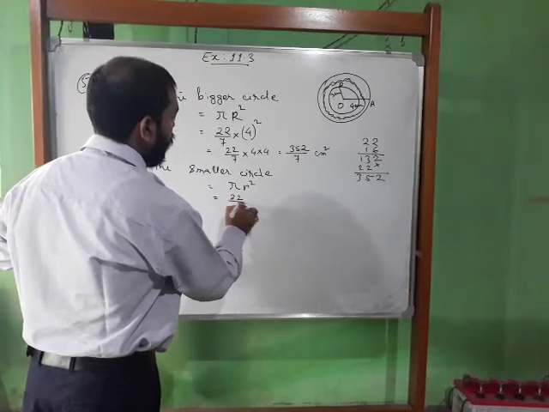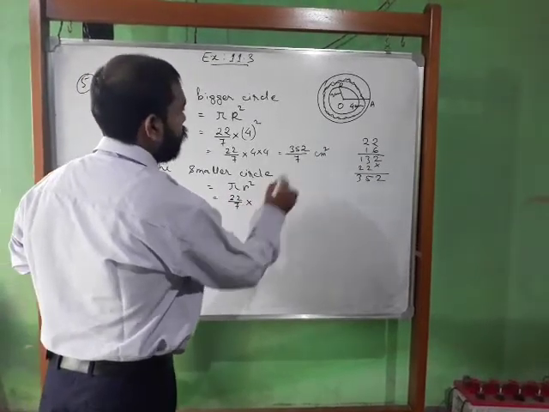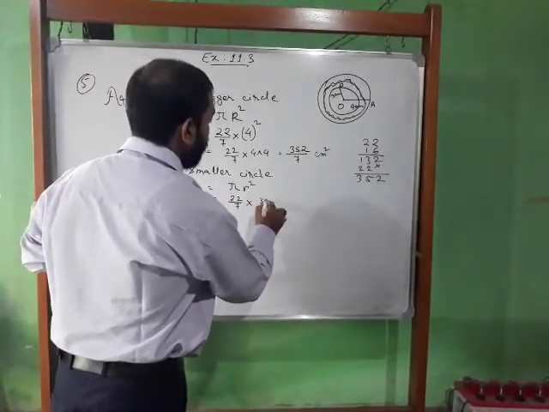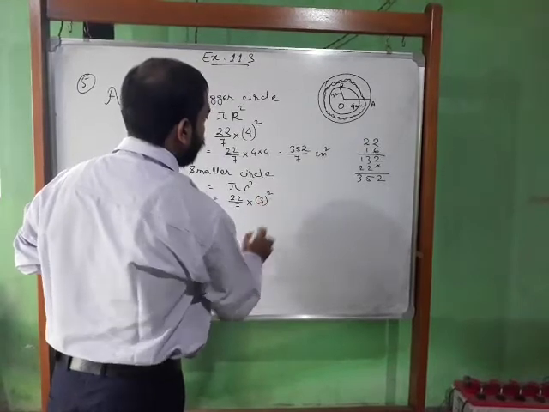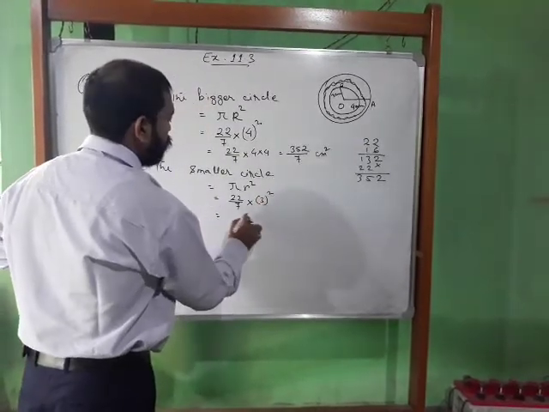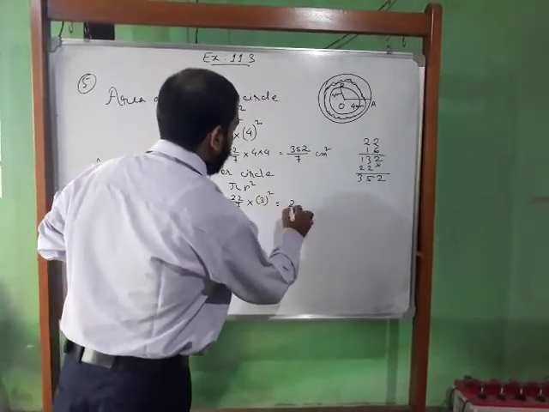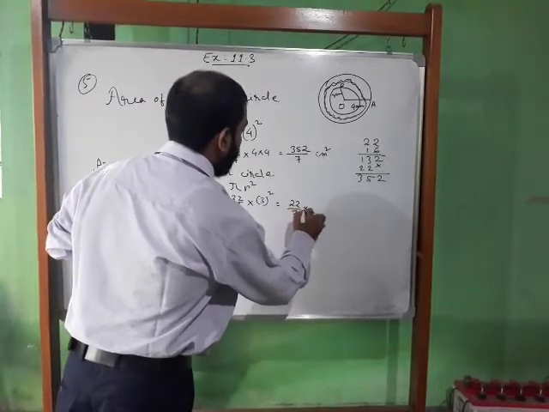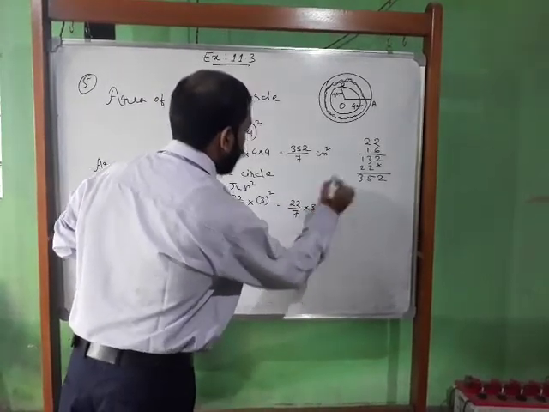So 22/7 into r, which is given as 3 centimeter, so it will be 3 square. So we can write here 22/7 into 3 into 3.